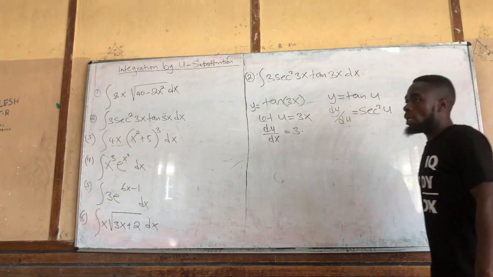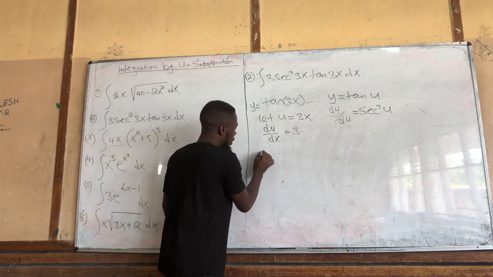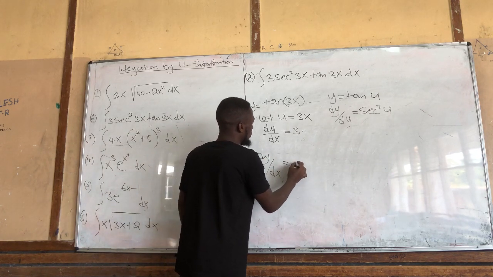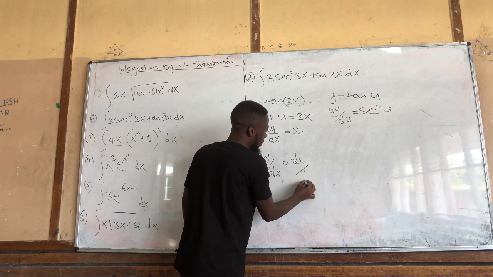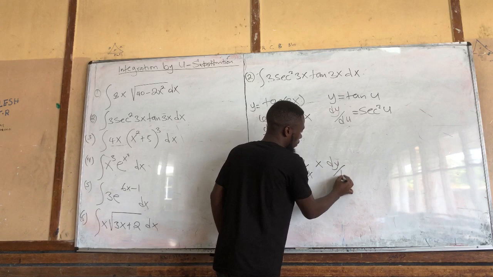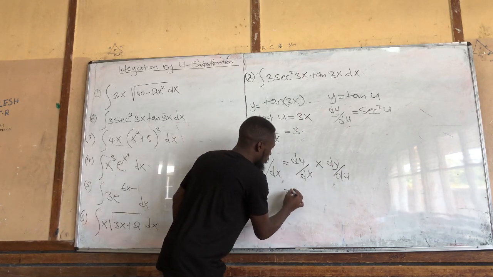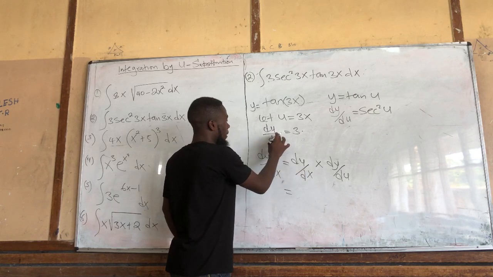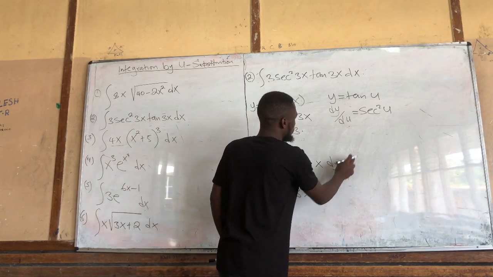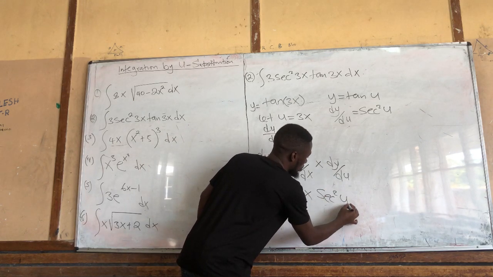And the formula for the chain rule is dy dx is equal to du dx multiplied by dy du. So this one will be equal to, du dx is 3, multiplied by dy du, which is sec squared u, okay?